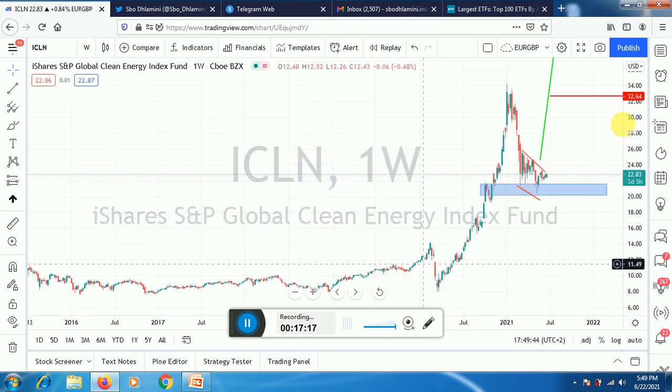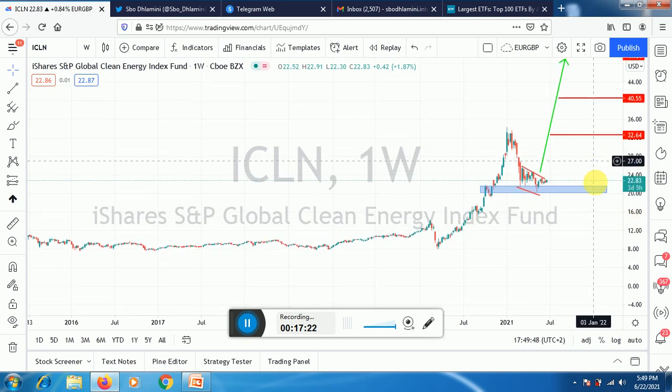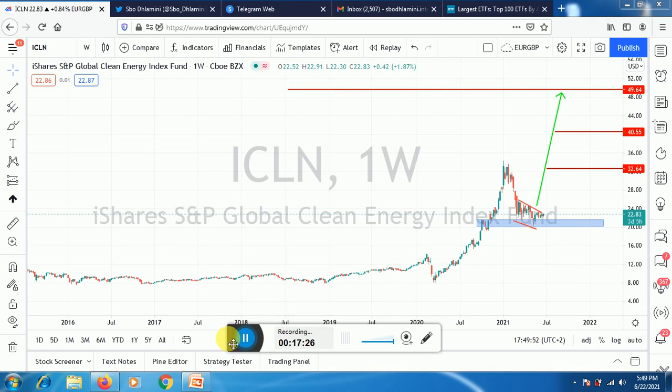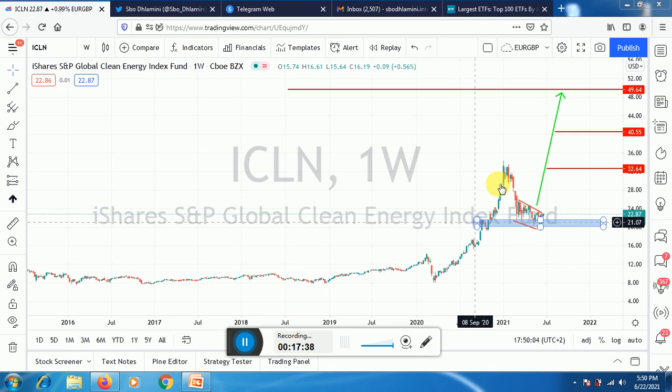So the Global Clean Energy ETF, in recent history, has performed really, really well. If you can look at it here, since last year, as much as it suffered some losses at the beginning of the corona crisis, it did pick up some steam up until January this year, and then it has been pulling back.